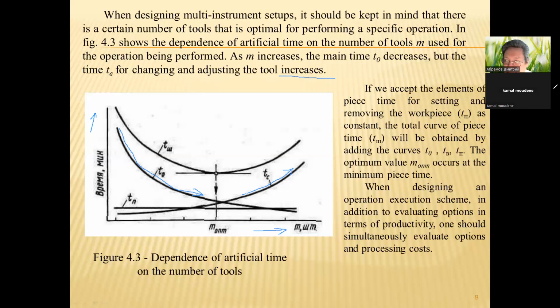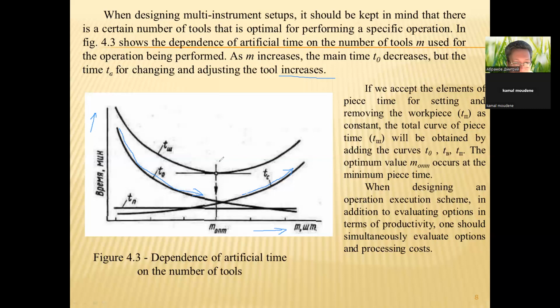If we accept the elements of piece time for setting and removing the workpiece as constant, the total curve of piece time will be obtained by adding the curves t suffix 0, tb, and tp. The optimum value of number of tools, M optimum, occurs at the minimum piece time.